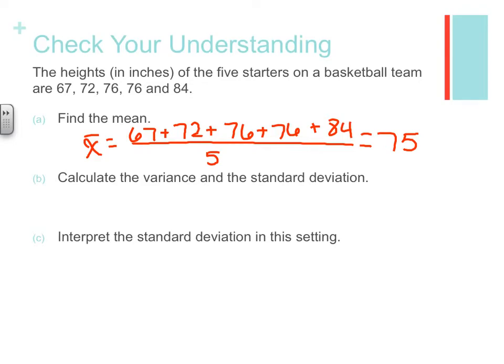Okay, so you can do this as one. I'm going to do it separately. So here's where we're going to find the variance. So the variance, how to find your standard deviation, is notated as follows. Your variance would be your standard deviation squared, and so this is how you notate your variance. Okay, so you're going to take each of your observations, subtract it from your mean, square it, and keep adding them to every next one.